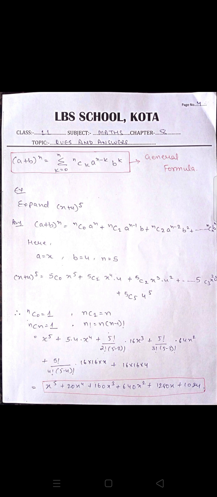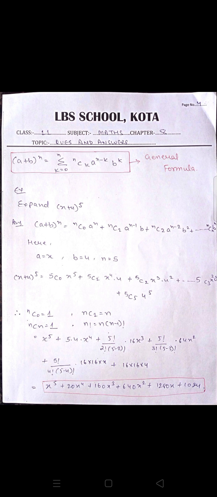There are some methods we have to remember, or short tricks we can say: nC0 gives the value 1, nC1 gives the value n, nCn gives the value 1, and n factorial is n into n minus 1 factorial.